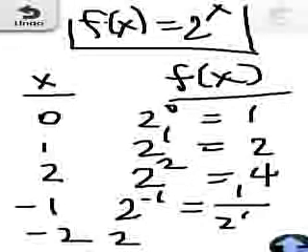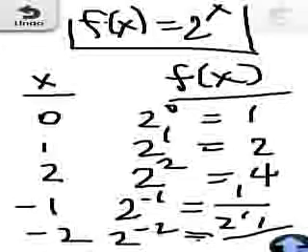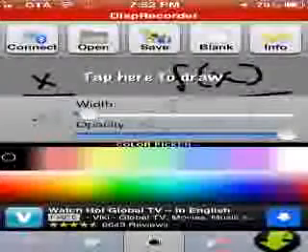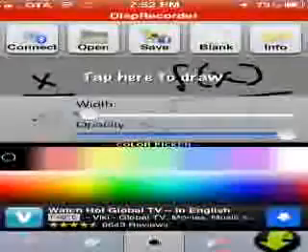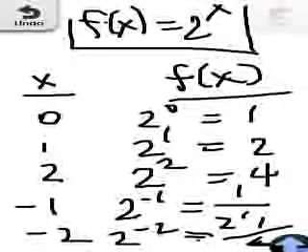So 2 to the -2, I'm running out of room, is 1 over 2 squared, which is 1/4. Can you guys see that? So it's 1, 2, 4, 1/2, and 1/4.